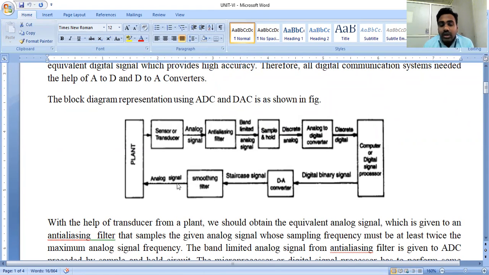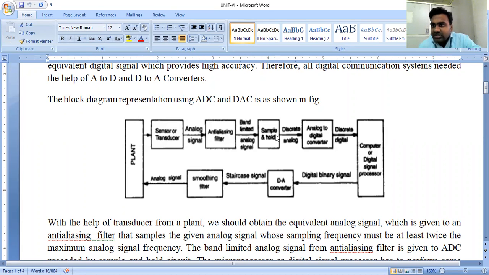The transducer or sensor takes the analog signal, and next it is passed to the anti-aliasing filter. This filter acts like a band limit filter, not a band reject filter. A band reject filter is different from a band limit filter. Next it is forwarded to the sample and hold circuit in order to observe the discrete nature of the analog pulse.